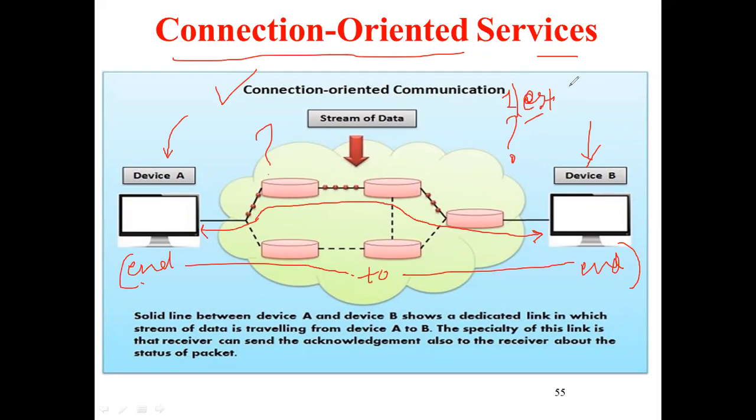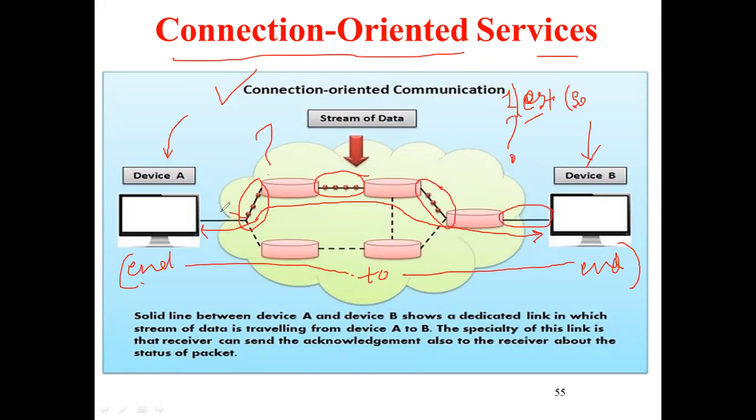This demands some time. Obviously, when we try to make a connection between one end and another, it needs some time, because we are not immediately transmitting our packets. Packets will be transmitted only after we have a virtual connection established between these two devices.